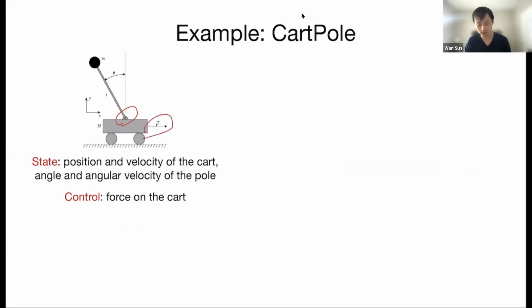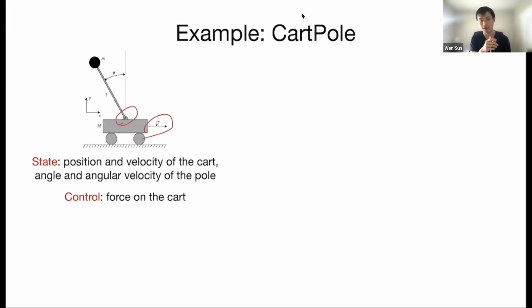You can move the cart left and right, push it and pull it. Your goal is to balance the pole. This is actually not a super easy task. If you have a pencil or a pen, you can try it out. I can try to balance it by just moving my hand around, but this is actually not super easy.